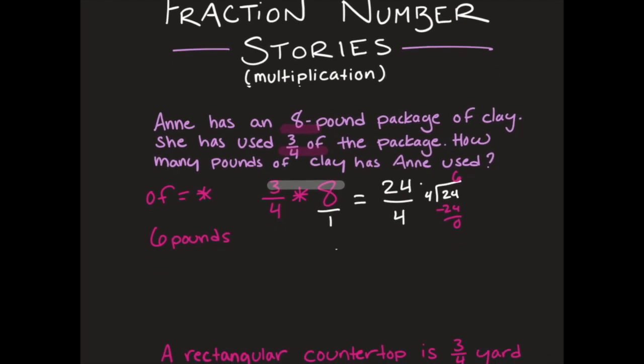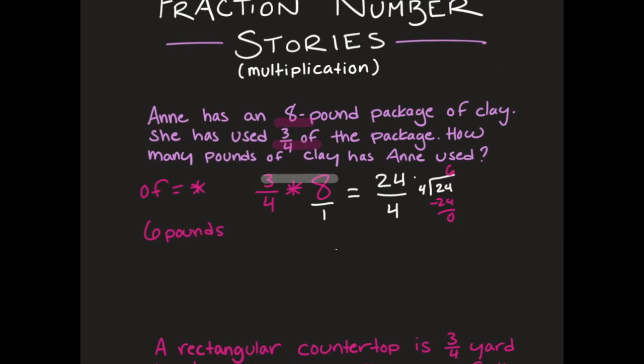Now, you could also draw a picture if that's helpful to be able to see this math problem. If I had 8 pounds, I'm going to put them into 1, 2, 3, 4, 5, 6, 7, and 8, each circle representing a pound. I'm going to separate them into 4 groups. You can see here's group 1, group 2, group 3, group 4.